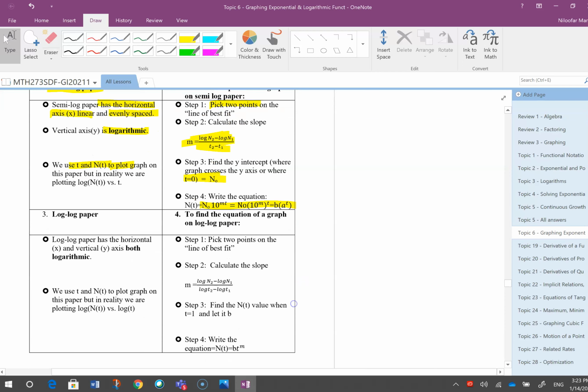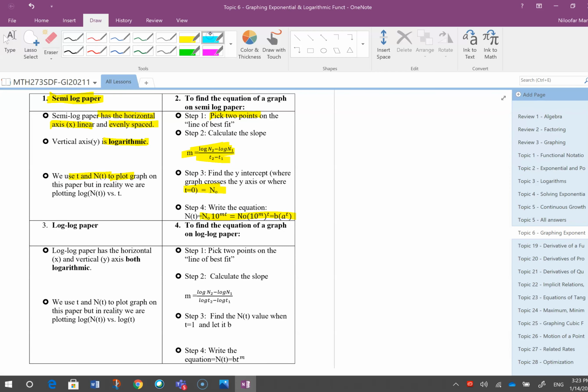Okay, log paper, this is the second type. The first one is for the exponential function. See, here t is in the power. But the other one, no, t is in the base. That's a power function, which you saw before. Okay, so for log, you have log paper. So you have on horizontal and vertical, all of them.